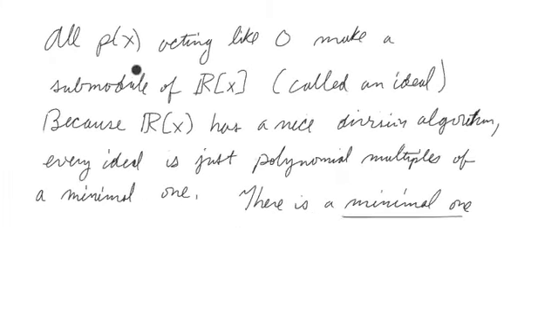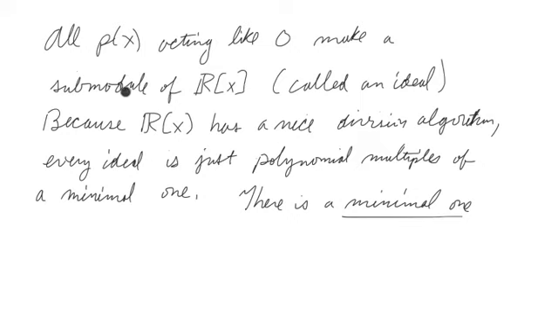Just as a thought, which you don't necessarily need to know in our context, I'll add it anyhow, just food for thought. All polynomials that act like zero actually make up what's called a submodule. It's kind of like a subvector space of this, but this isn't a vector space; it's a module, but it's the same idea.